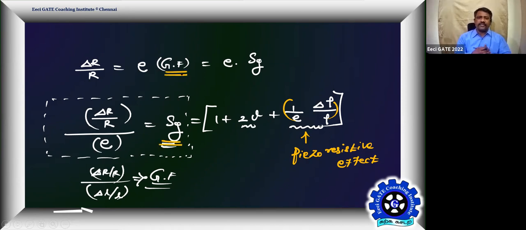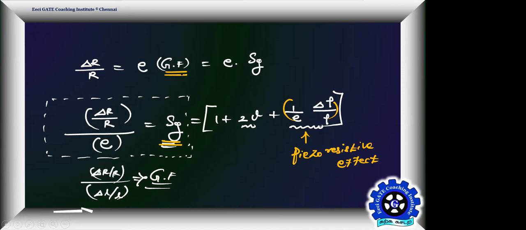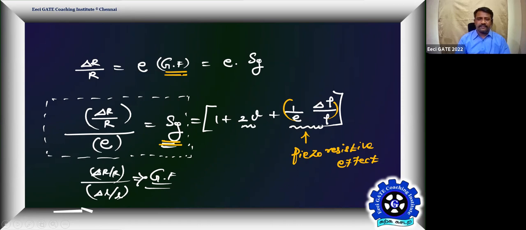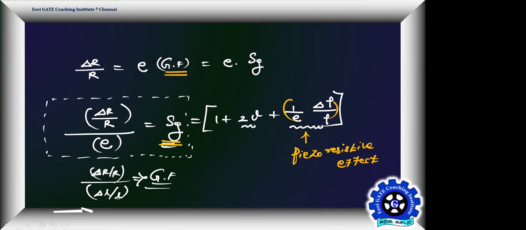Hope it is clear, Akshaya. Yes, sir. Getting, Prabhanjan? Okay. Yashwant? Getting, sir. Okay, yes. So hereafter the point is, in strain gauges, a metal block or a metal wire of length L, area of cross section A, and resistivity rho.